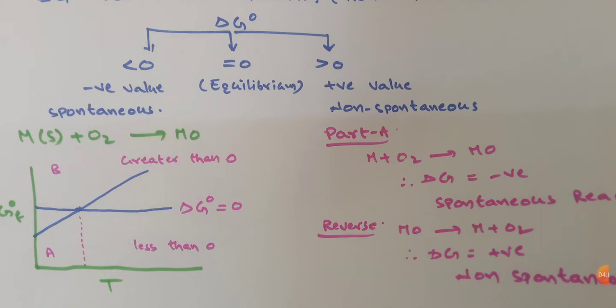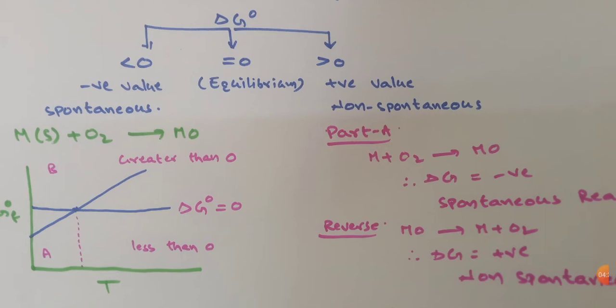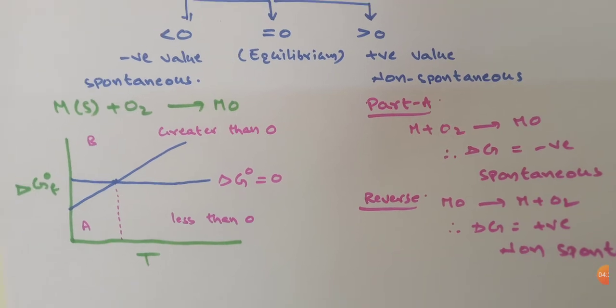According to the chart, when the value of delta G is negative, the reaction is spontaneous. When the value of delta G is positive, the reaction is non-spontaneous. Now, how can we say whether the reaction is spontaneous or non-spontaneous? Here, observe part A, which is present below delta G naught equal to 0.